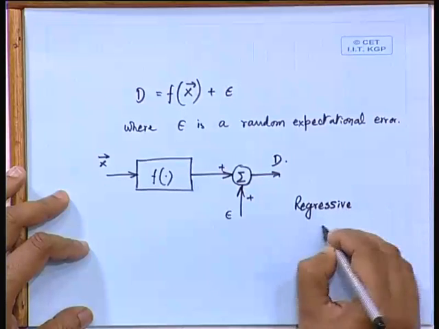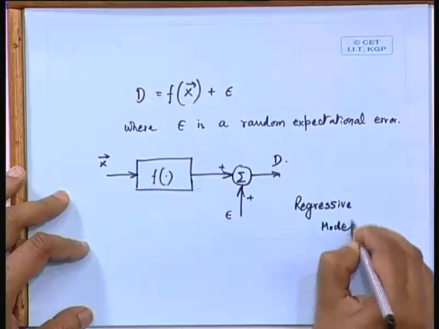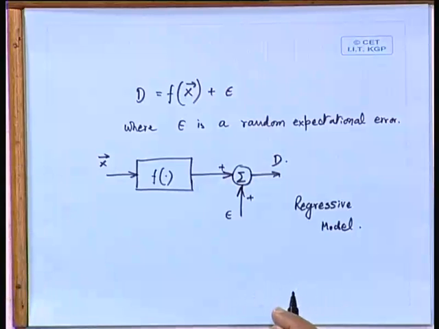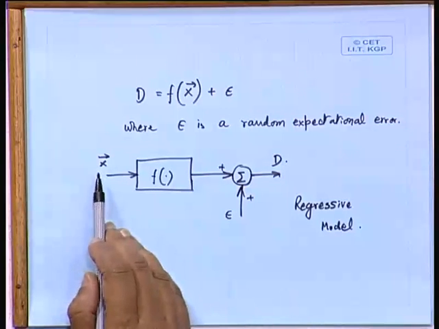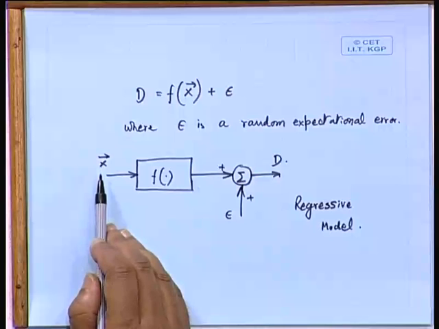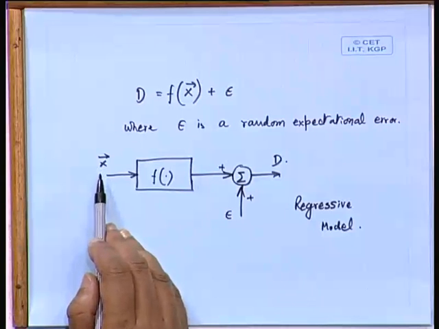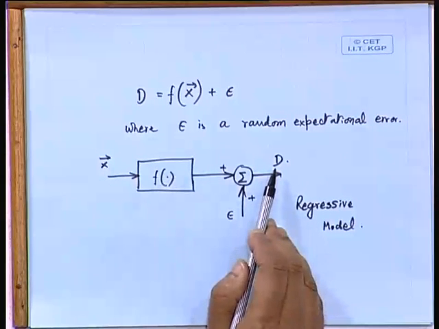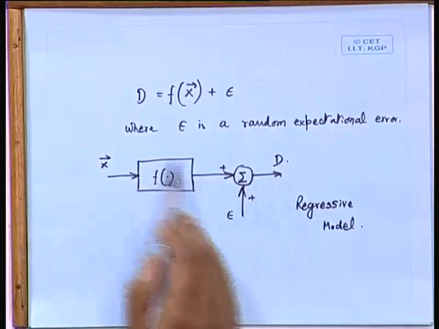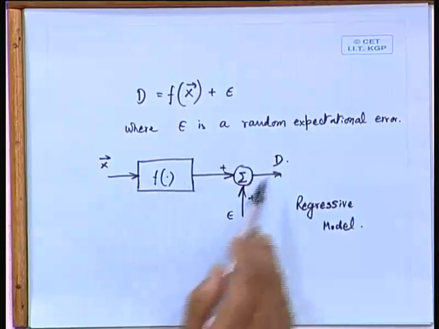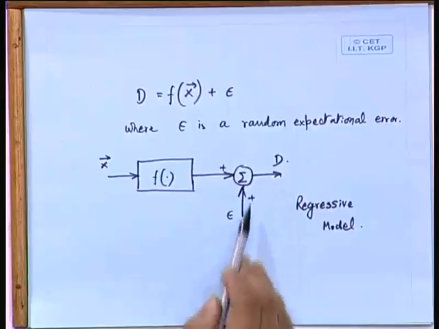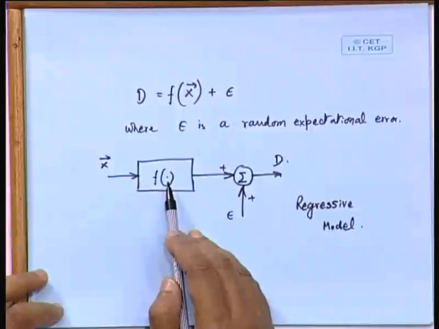It is a mathematical regressive model, where what we have as the input is x and what we have as the output is D, and in between it is this function f of x which models this. Is this f the same as the target function f? Yes, in this case, this f is nothing but the target function.